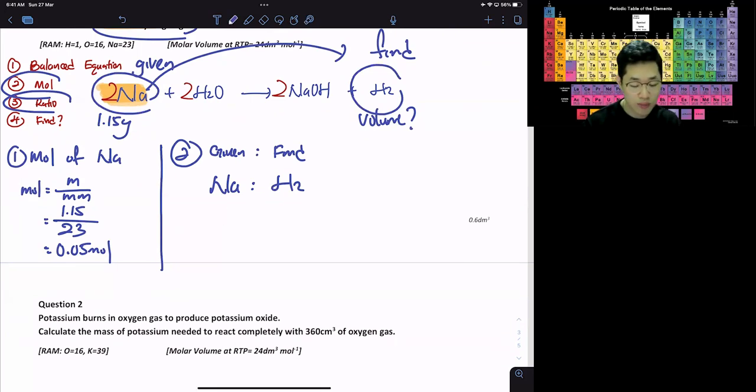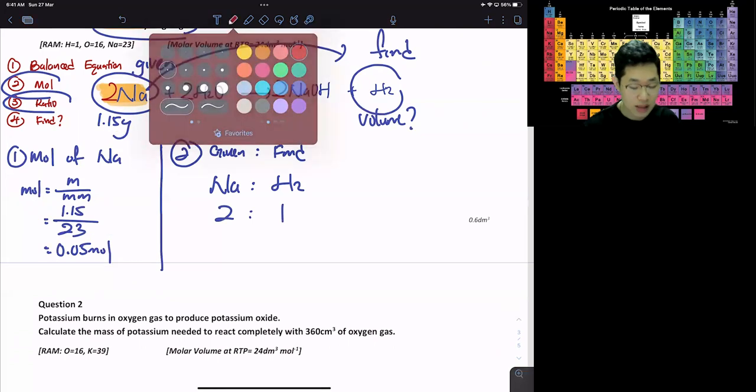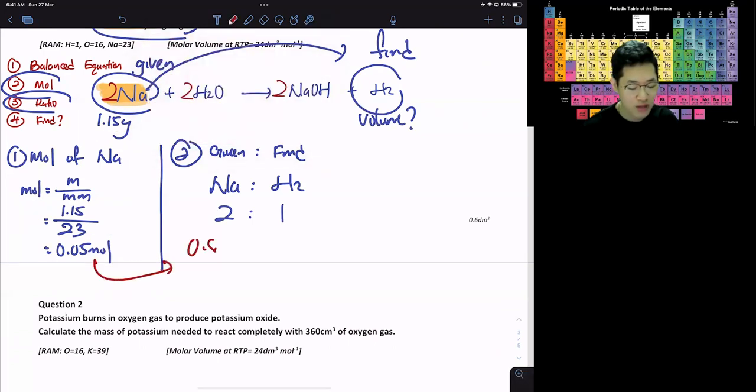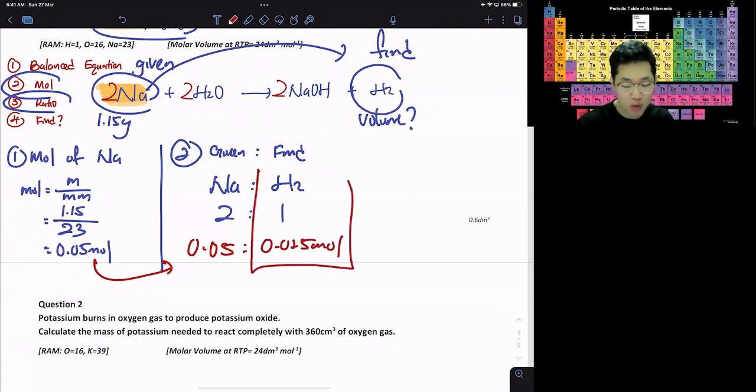So 2 is to 1. From the value I calculated just now for Na, 0.05, I move it to here. 2 to 1, so 0.05 is to 0.025. So I already have the mole of H2.